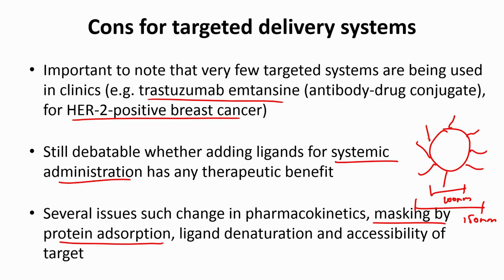So, as I said, all foreign material that you are going to inject in the body will come in contact with the proteins that are present, and they may adsorb on the surface, and eventually none of these targeting moieties are actually available. They may change the type of proteins that are adsorbing, they may even denature during their journey throughout the body, and their accessibility is also a question mark. So, that is why there are lots of cons for targeted drug delivery systems.